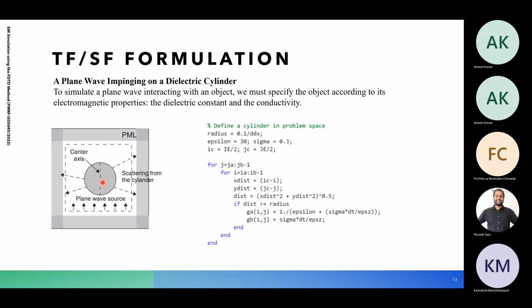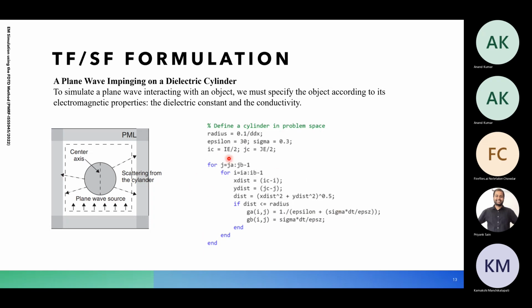For that, we calculated the distance from the center of the cylinder and checked if the node lay inside the cylinder region, and if so, we updated the coefficient values with the proper epsilon and sigma values. So this was the logic behind including a dielectric cylinder.